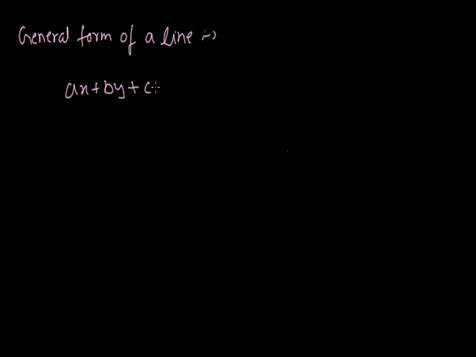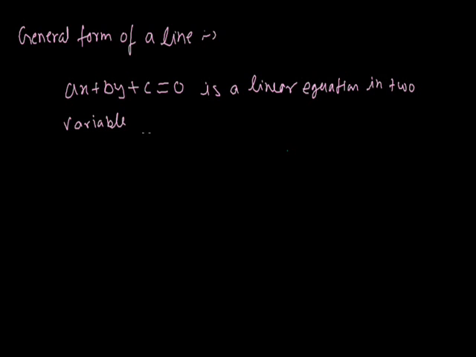Now, general form of a line. We know that ax plus by plus c is equal to 0 is a linear equation in two variables. The variables are x and y.